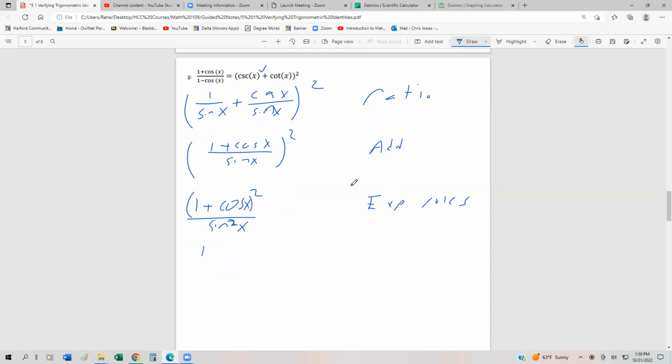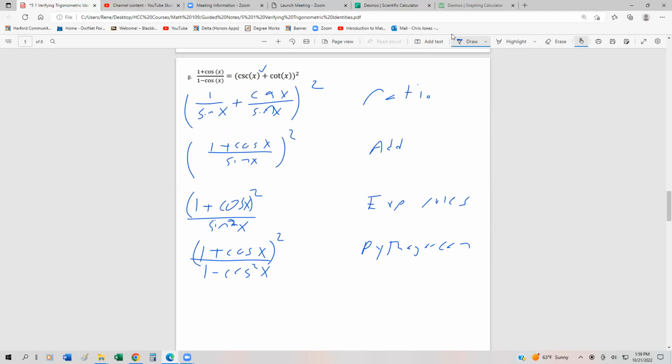So this is going to be, sorry, I forgot the parentheses there. So this should be (1 plus cos x) quantity squared, and this will be our 1 minus cos squared of x. Again, that's just by Pythagorean identity.